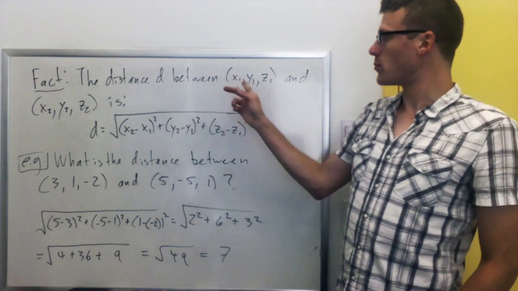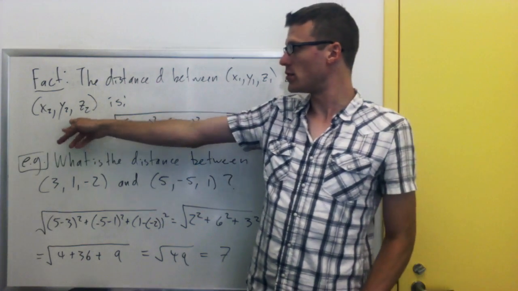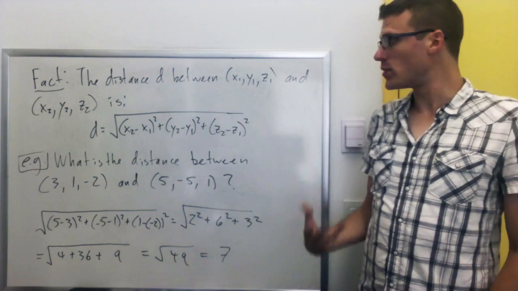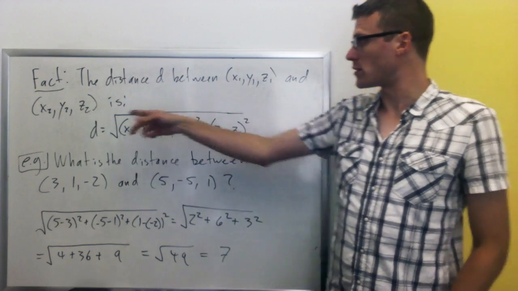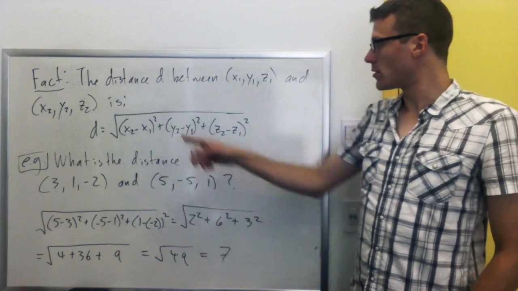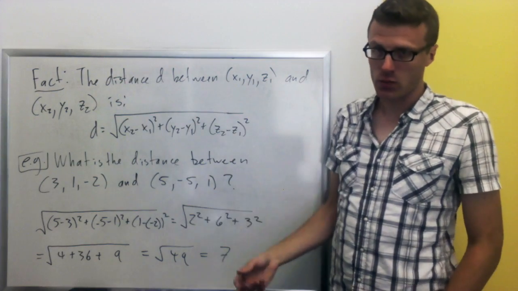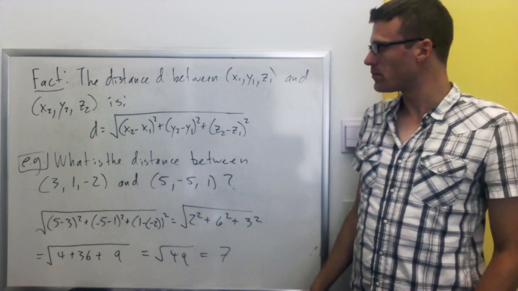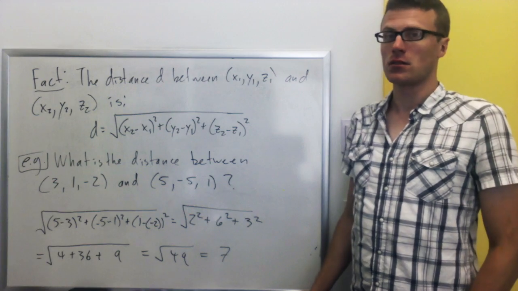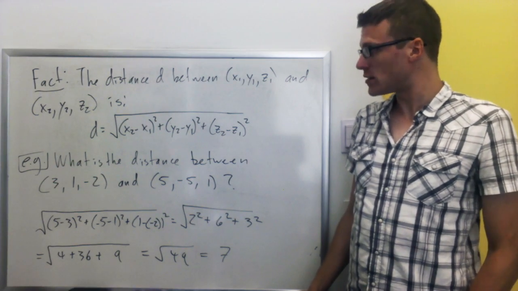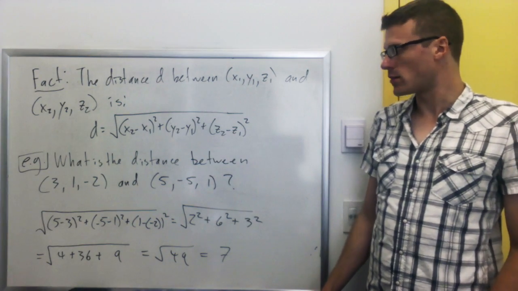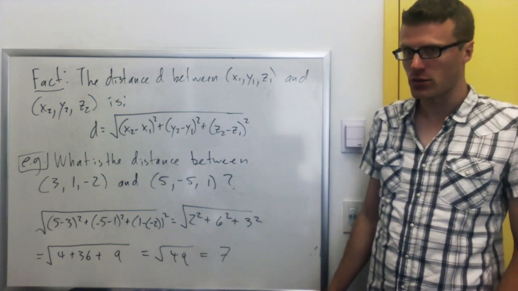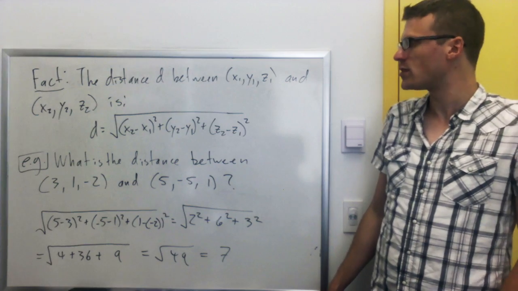So the distance from x1, y1, z1 to x2, y2, z2 is really just the length of the displacement vector from this point to this point. The components are x2 minus x1, y2 minus y1, z2 minus z1. And so the length of the vector is the distance between them, which is the square root of the square of x2 minus x1 plus the square of y2 minus y1 plus the square of z2 minus z1.